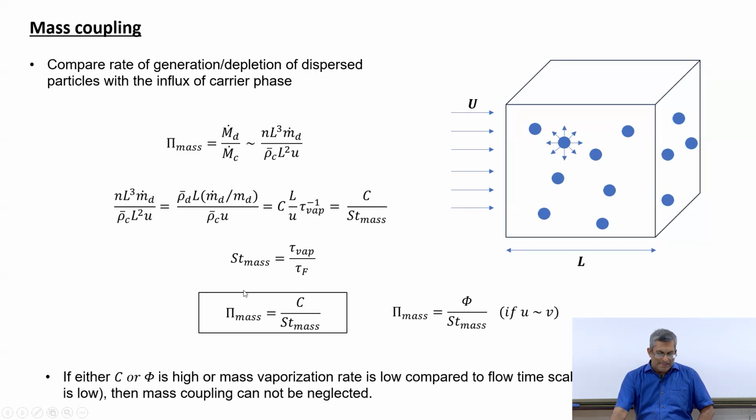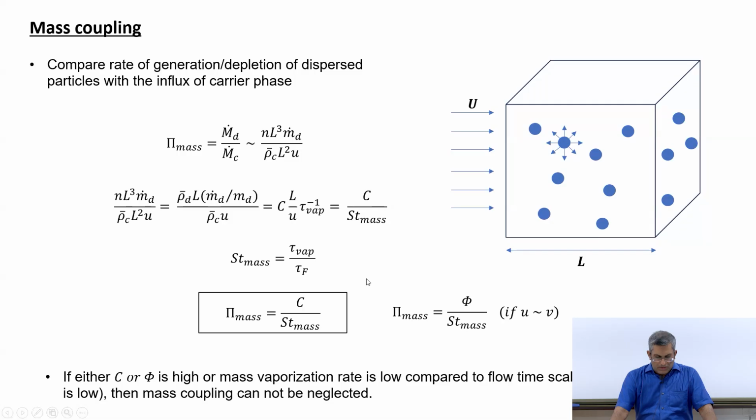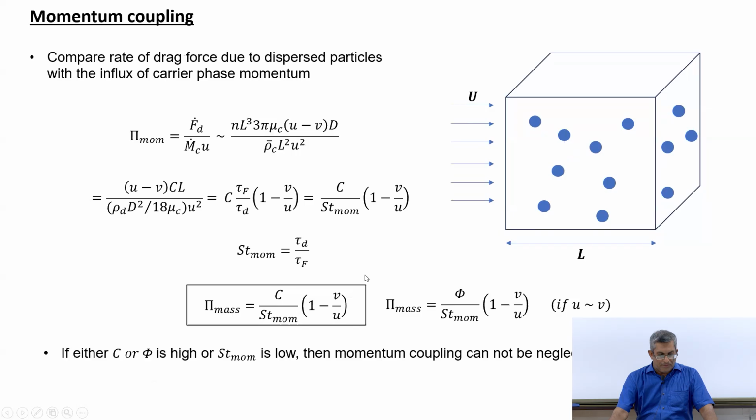So, this tells us that either if the mass concentration is high or the Stokes number is low, then we will have a higher mass coupling parameter, and in that case the mass coupling between the two phases may not be negligible. In a similar way, we can define momentum coupling also.